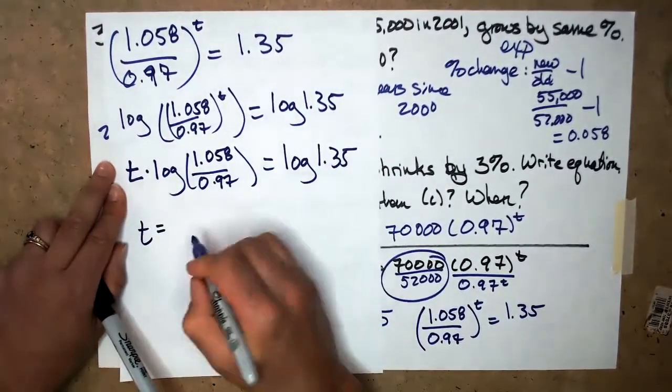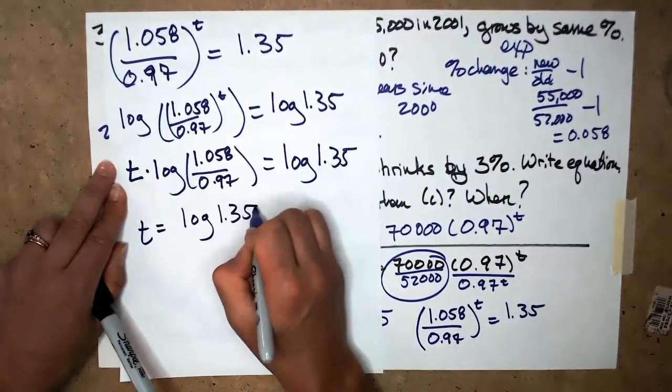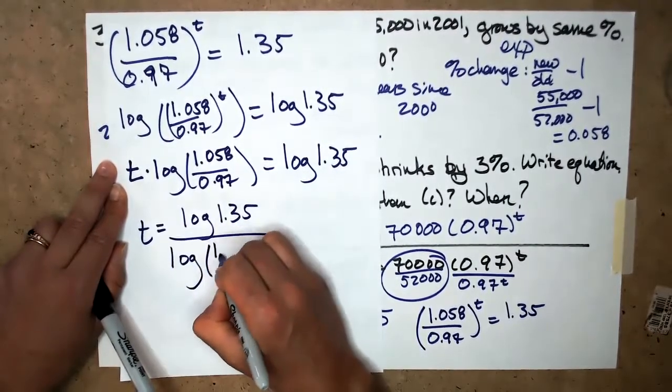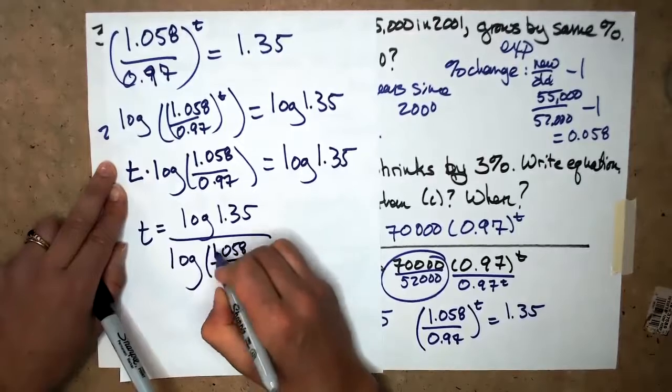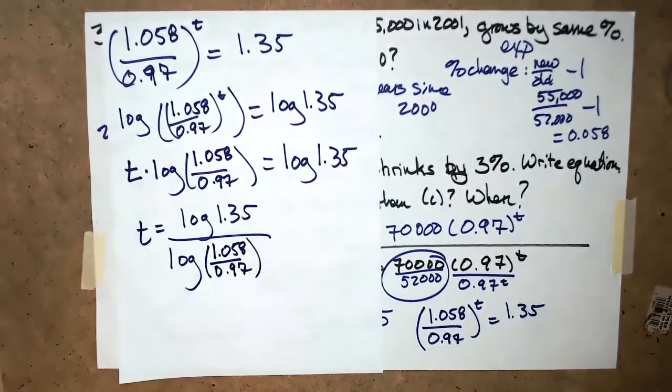T is equal to, this is ugly to write down, but it's just some numbers that you can punch into your calculator, the log of 1.35 over the log of 1.058 over 0.97. And I better get an answer which is positive. If I got a negative answer, that would be a big screaming warning sign, and it should take a few years.